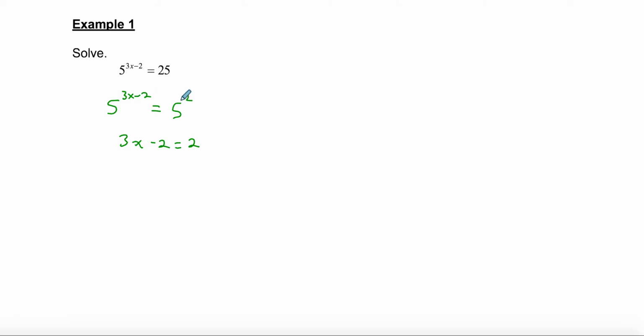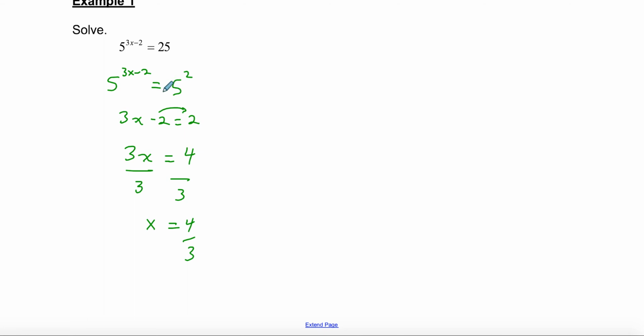I move the negative 2 to the other side, so it becomes a plus 2, giving me 4. Divide both sides by 3, so x must equal 4/3. And I have solved the exponential equation. But the bases do need to be the same in order to do that, and we can manipulate our equation to make that happen.